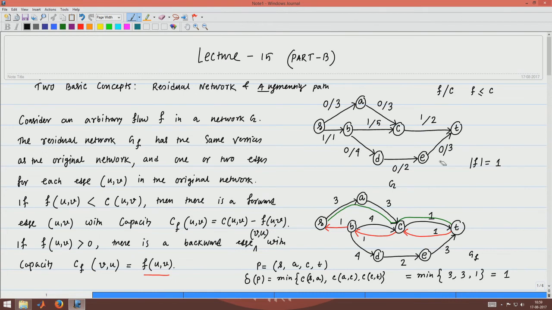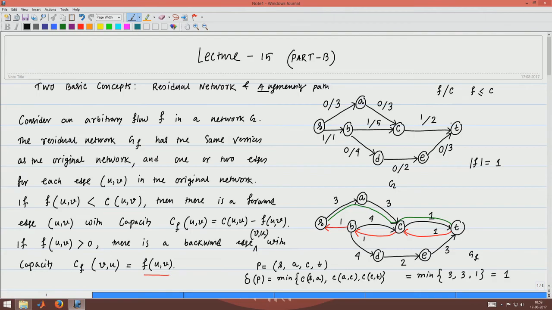You just find a path in the original network from S to T. Suppose you found this path S, B, C and T, and you have computed the capacity of this path. The capacity of this path is 1 because the minimum capacity is 1. So, you augment 1 unit of flow along this path. Okay, fine.